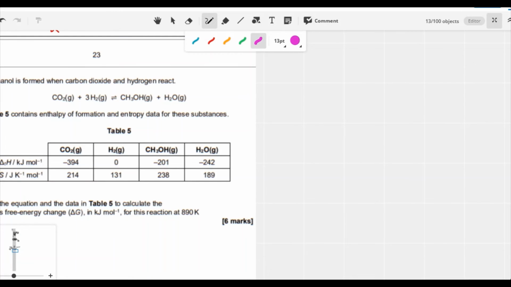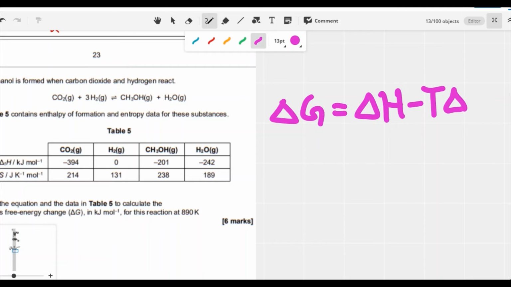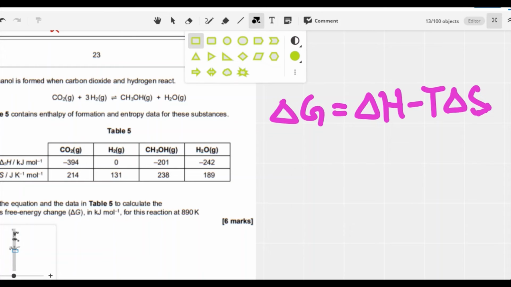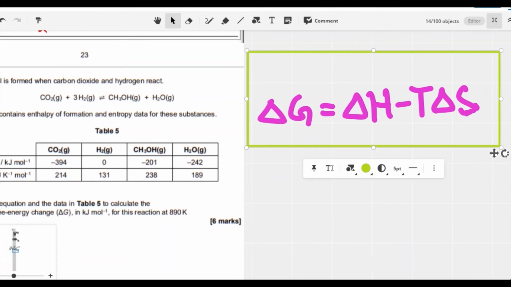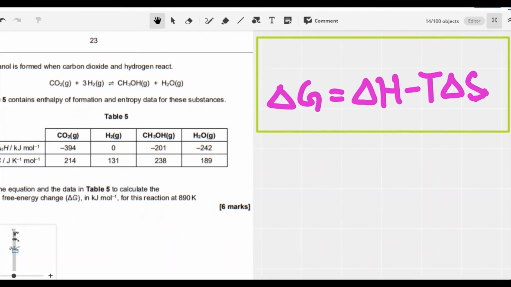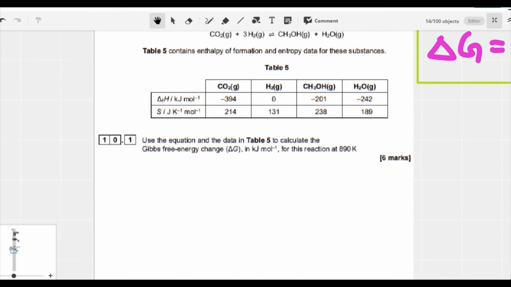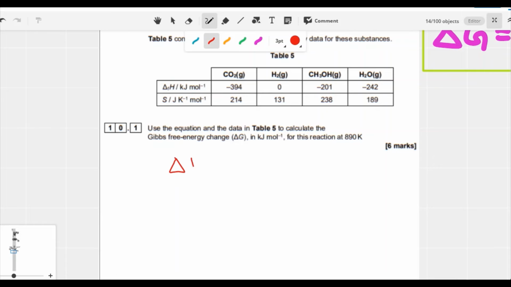Okay, so first of all, as we know that del G is equal to del H minus T del S. That is the formula in which we can find the value of delta G. But here, first of all, we need to find delta H value and delta S. So as we know that del H is equal to product minus reactant.